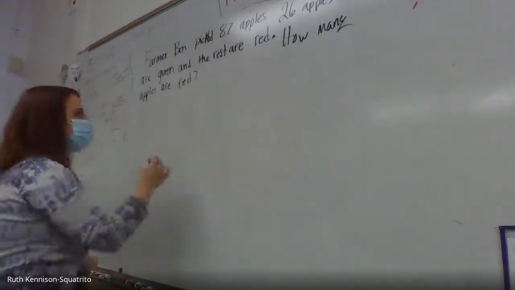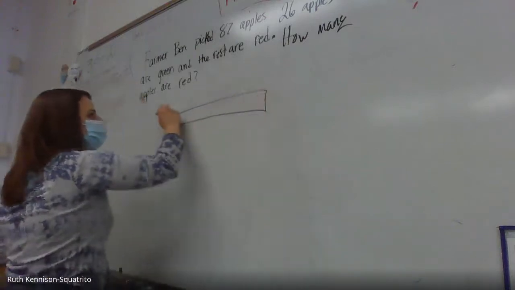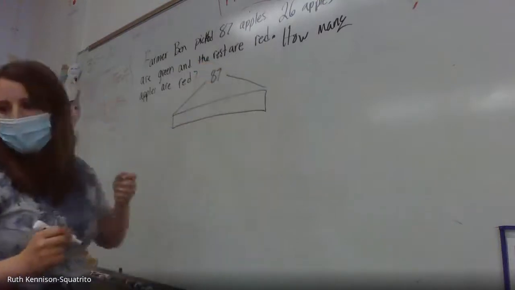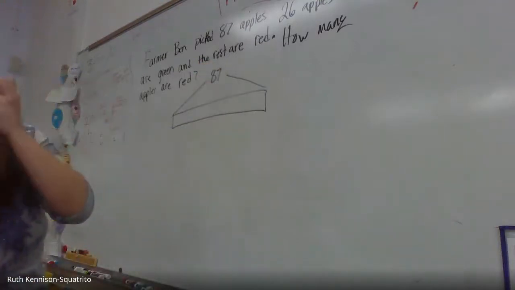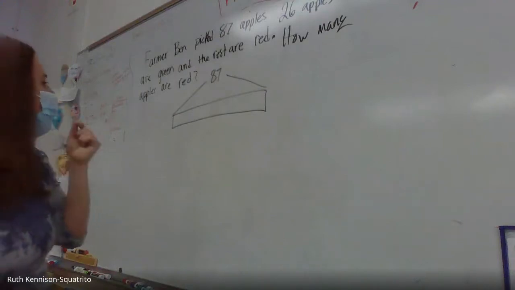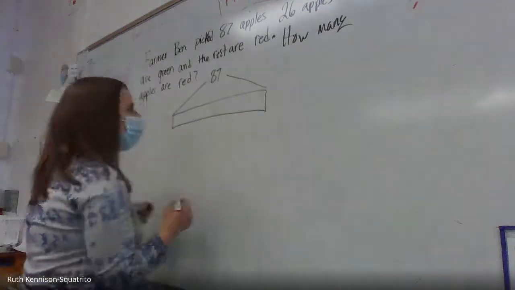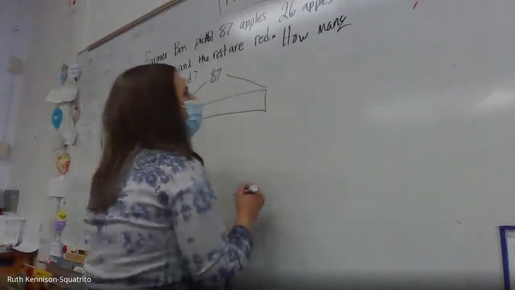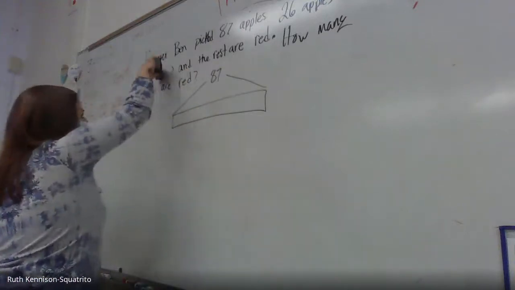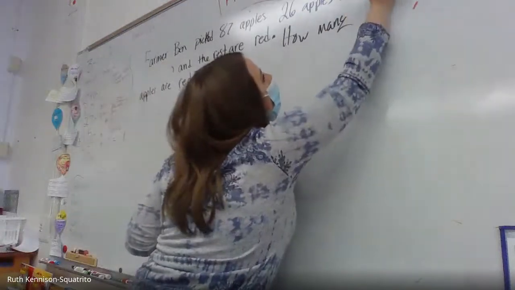Okay, so essentially what we're doing is taking this big line that all equals 87. Oh, I missed a whole thing here, sorry. 26 apples are green.